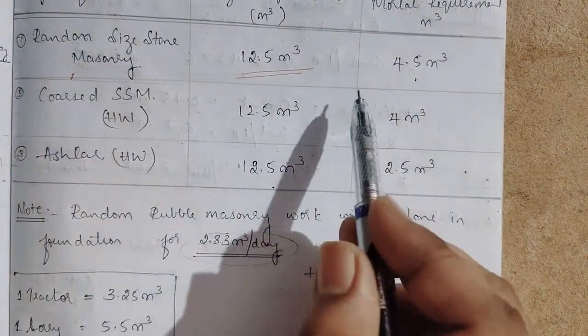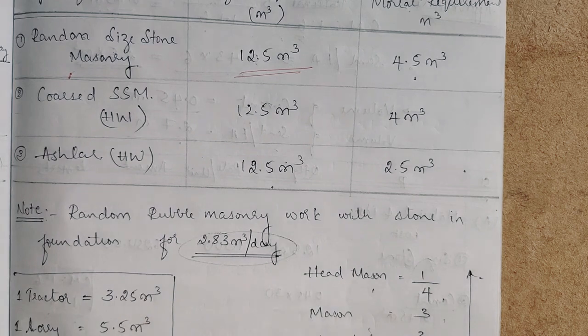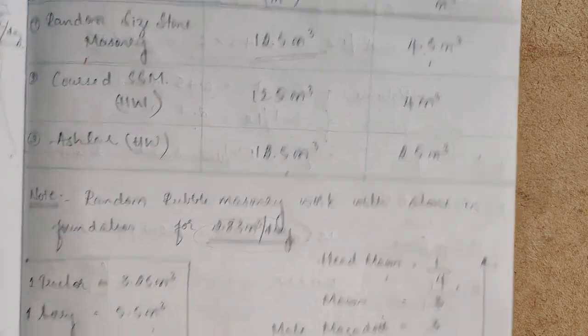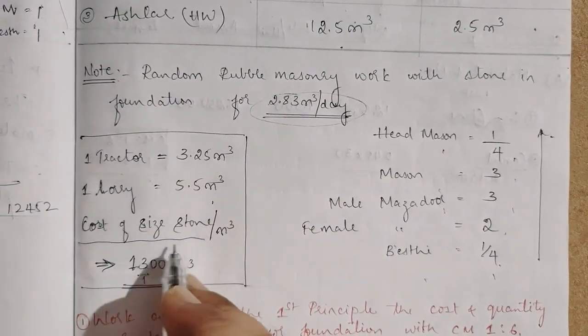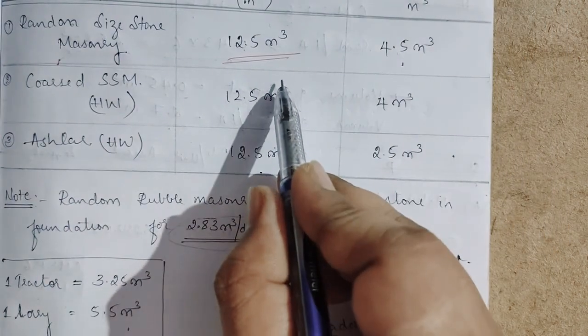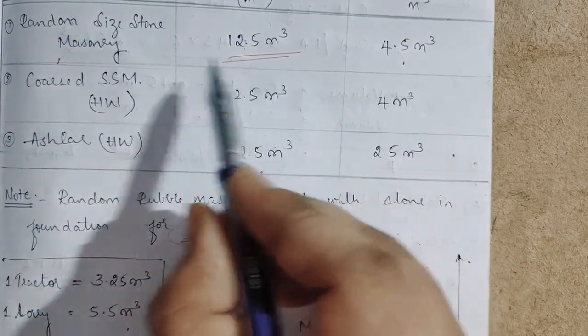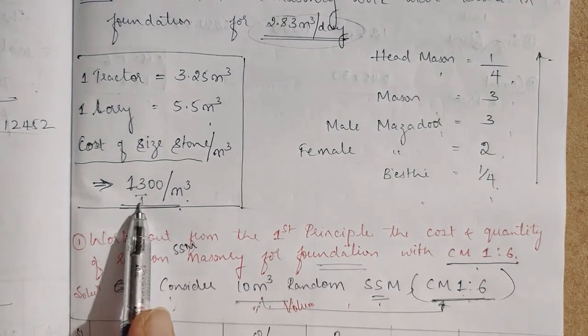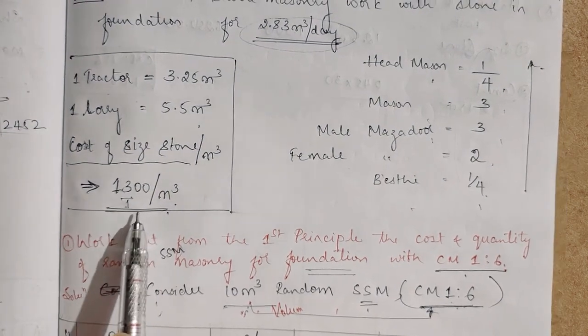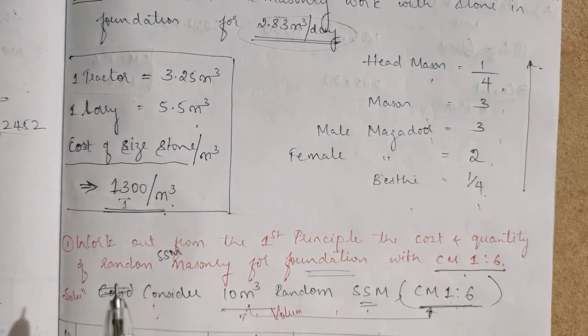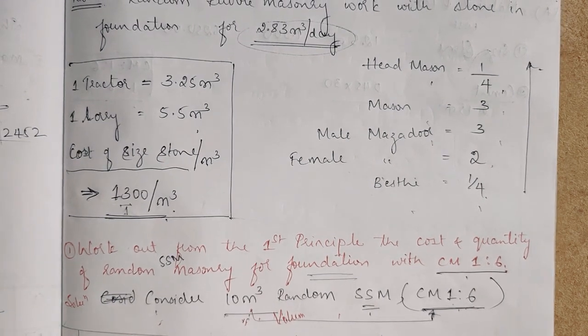Please memorize it. The cost is 1300 per meter cube. So we'll go to the problem now.